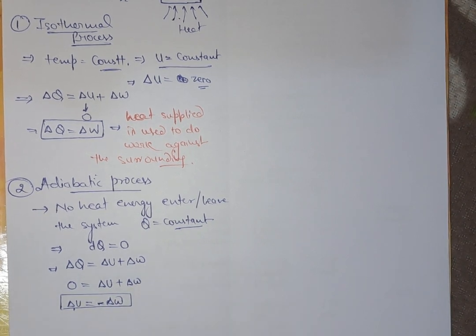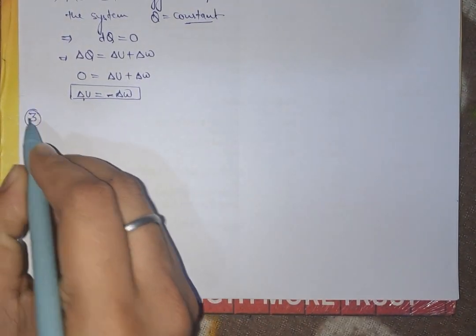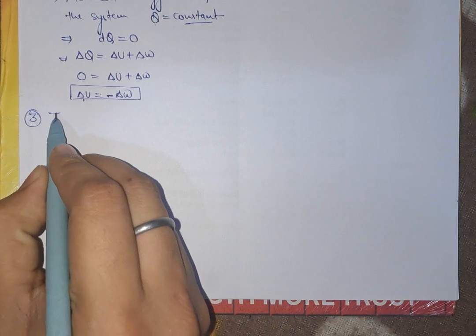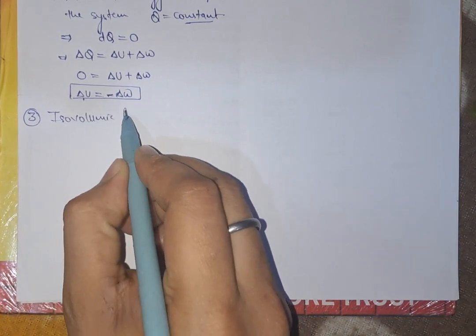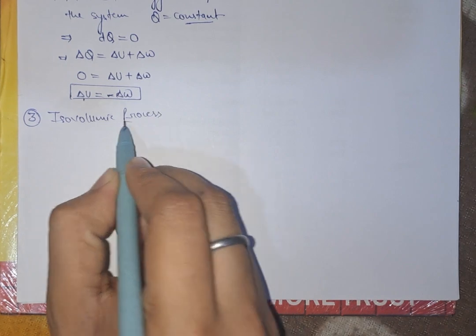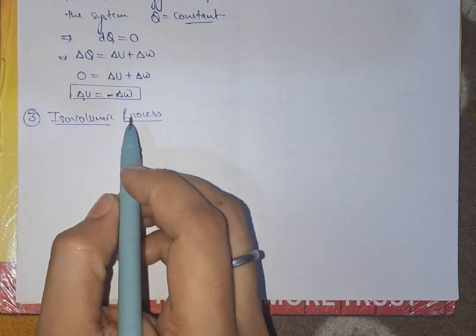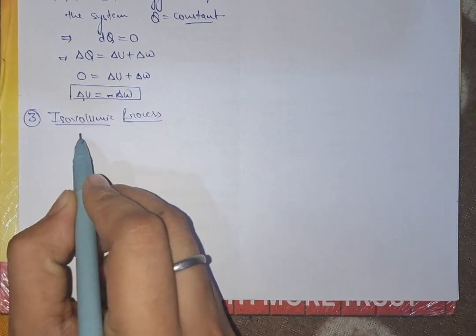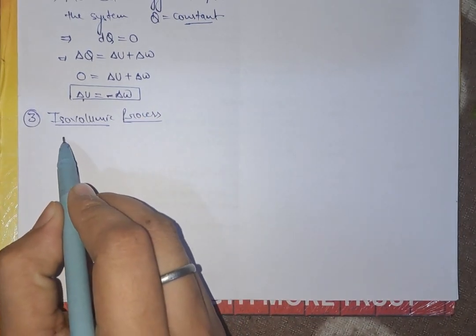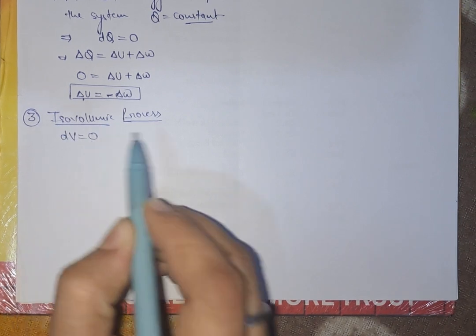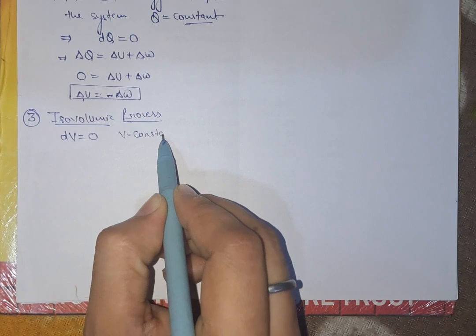Simple. Okay, now let's talk about the third application, that is the isovolumic process. So what is this isovolumic process? Iso means same, volumic means volume. So in this case the volume is kept constant, which means dV is 0 since V, volume, is constant.